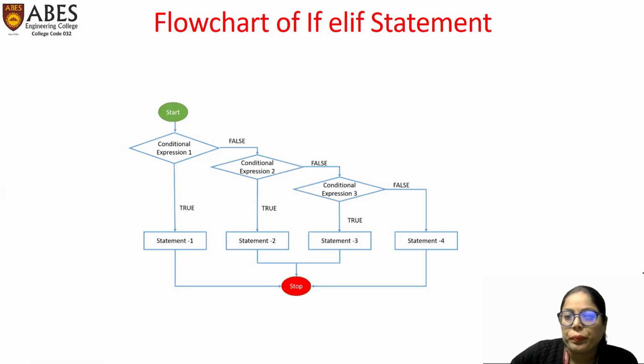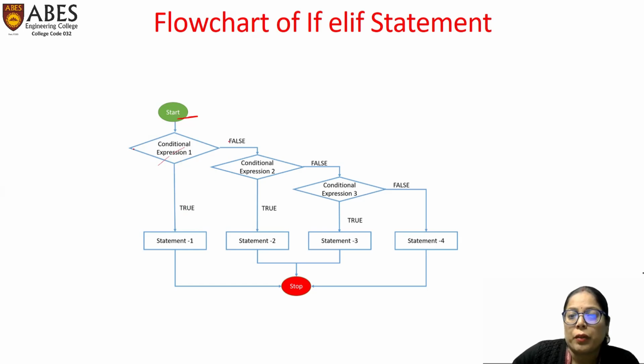Now, here we can say, first we will start. We start, and then as I told you, in case of the if elif statement, we have multiple if statements. So this is, you can say, one if statement we are having, and if the condition is true, the statement will be executed.